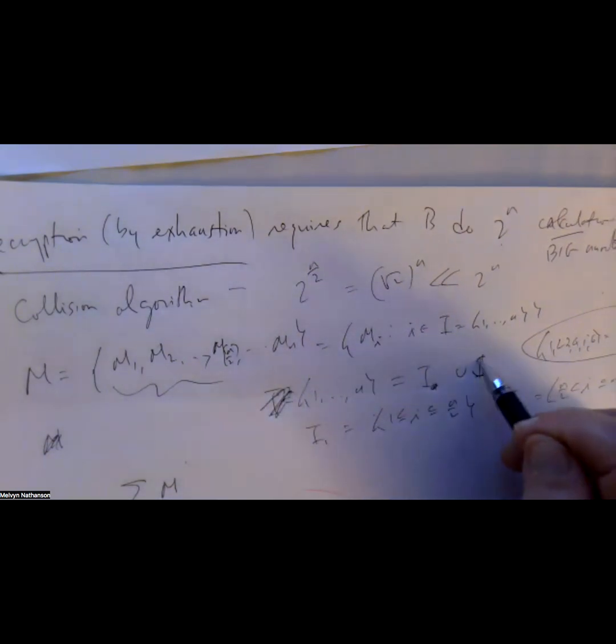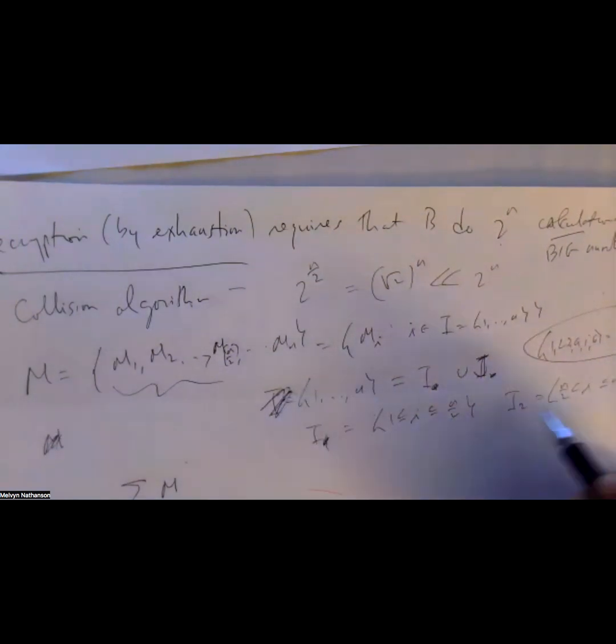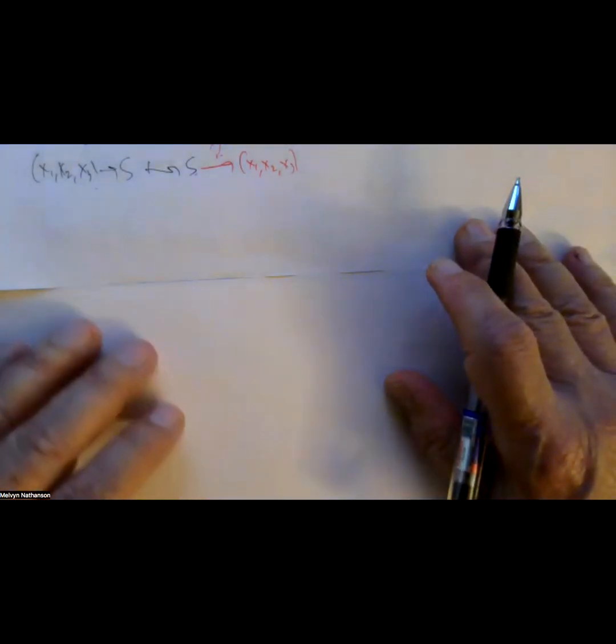I'll call them I and J. I are the numbers up to n over 2, and J are the numbers bigger than n over 2 up to n. Let me do this on a clean sheet of paper. Everything I said is correct, but I want to make it easier. Can you do the example first so we'll understand better?